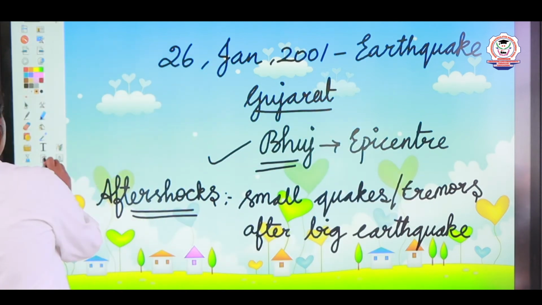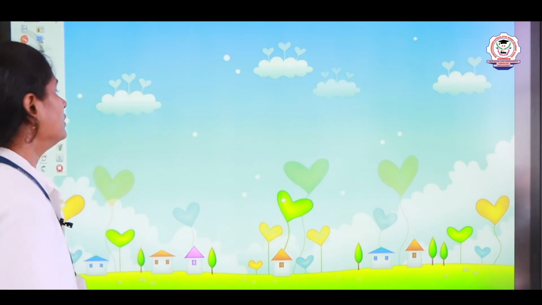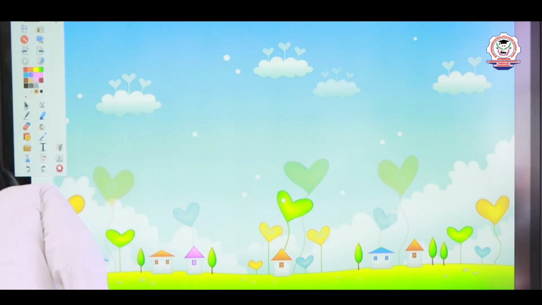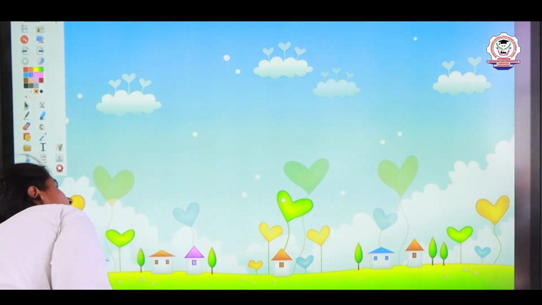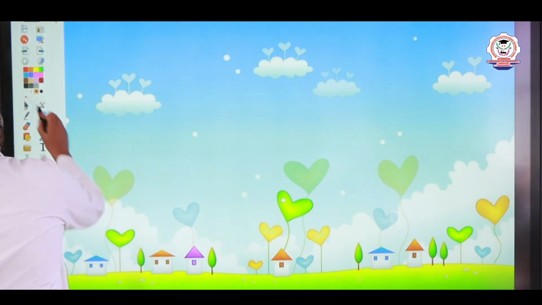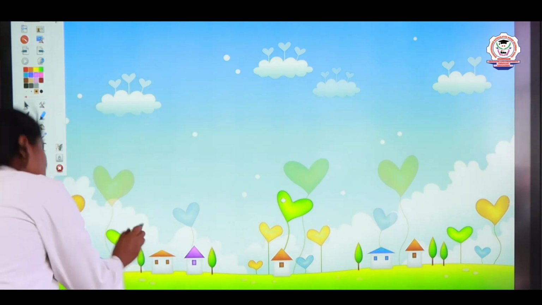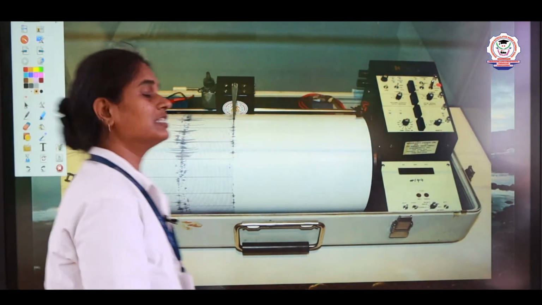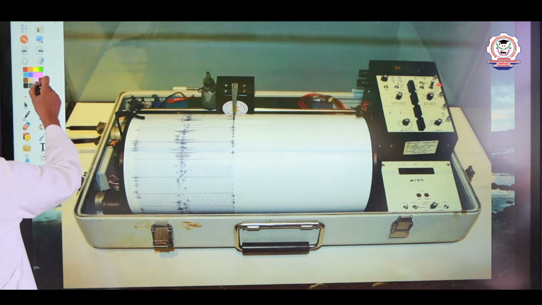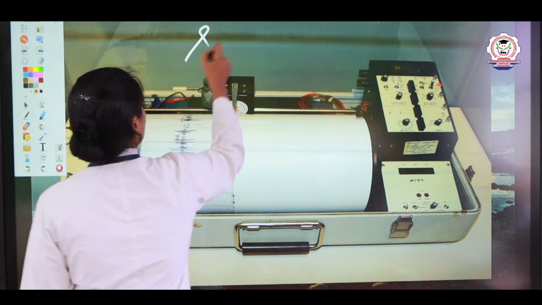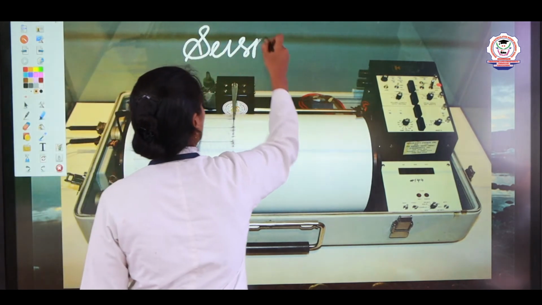Now, let us see how to measure the earthquake. The earthquake is measured using an instrument which is known as seismograph.